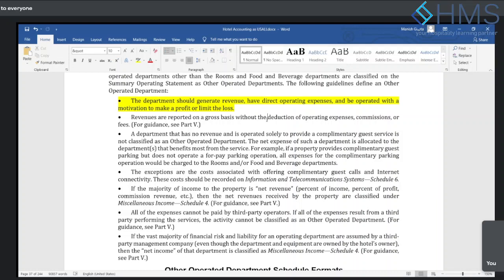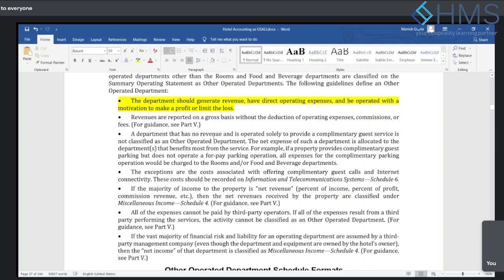So that is another criteria, similar to the previous one but more detailed and specific to the type of revenue, right? If the hotel is reporting a gross revenue, that's another criteria. But for me, the primary criteria is whether we are generating the profit or limiting the loss.